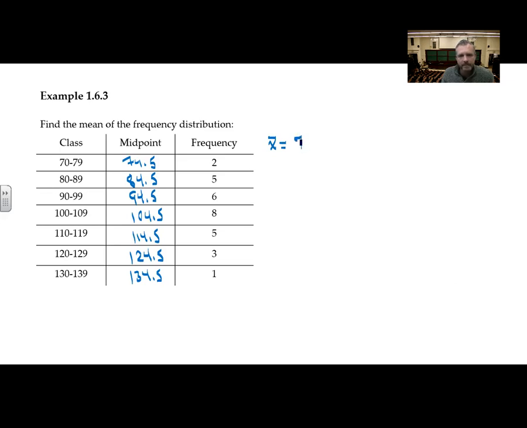We have midpoint times frequency. So there's the first class midpoint times the frequency of that first class. Plus, then we move to the next class. Midpoint, 84.5. Frequency, 5. Plus, and we move to the next class. 94.5. Frequency, 6.